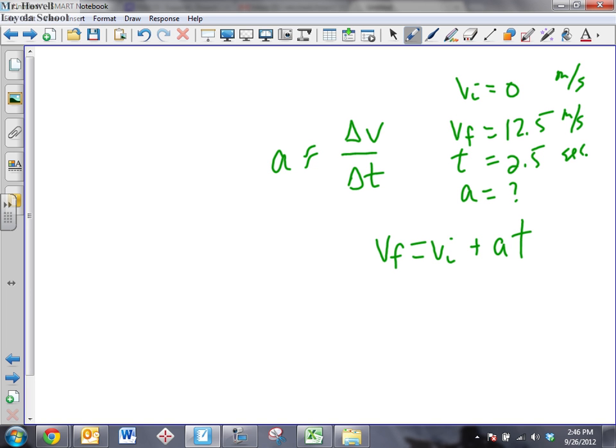So solve for A. You can use this formula here at 3 because it's already solved for A. It might be easier. Or you can use this one and just solve for it. The change in V, is that VF minus VI or VI minus VF? VF minus VI. It should have been a positive acceleration. So it'd be 12.5 minus 0.